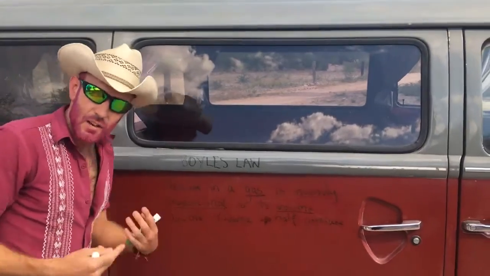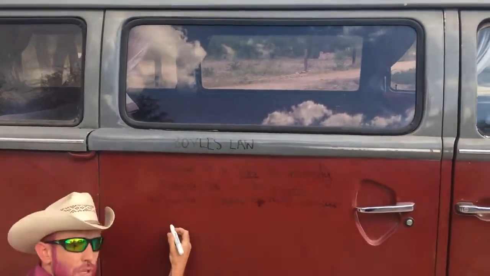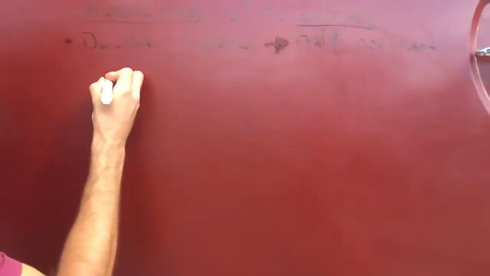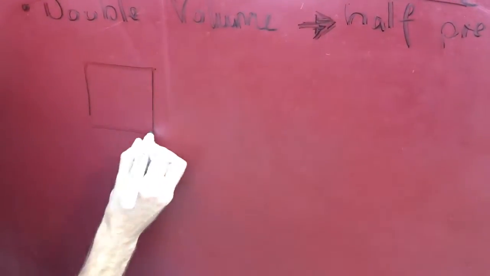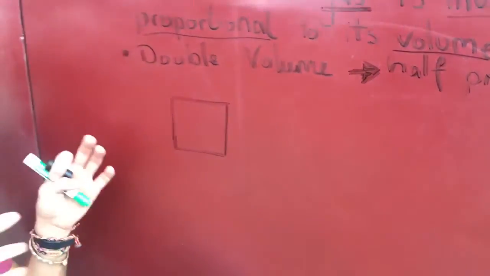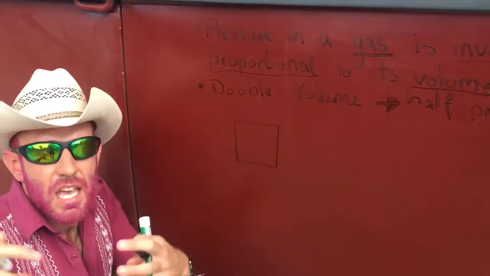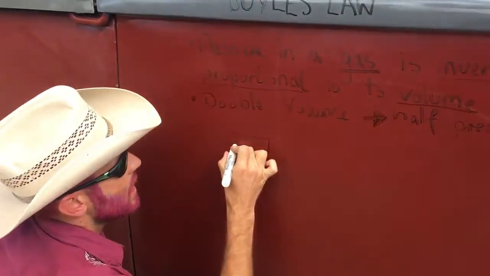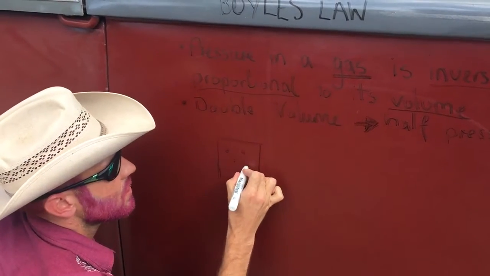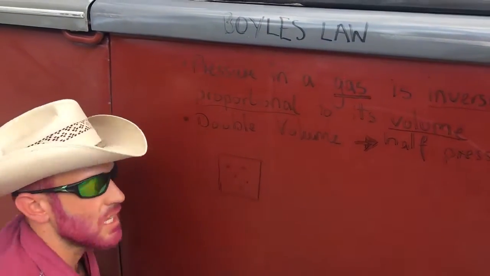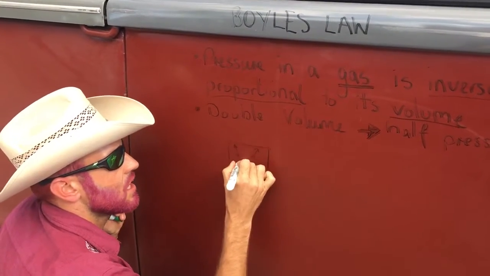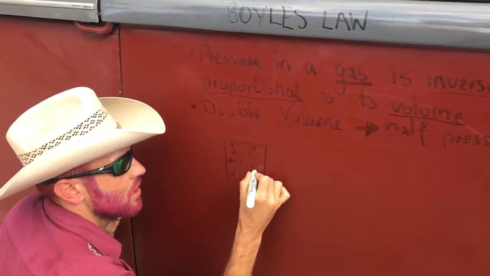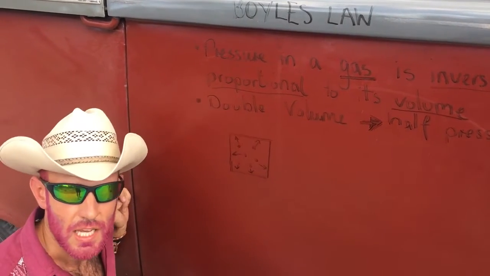Let's explain that in a little bit more detail. So let's put our gas, if we come down here as near as you can get to see this, hopefully you can see that. Imagine I've just trapped some of the air here in a box and the particles are trapped in there, and these particles are going to bounce around and exert a pressure on the side of the container.